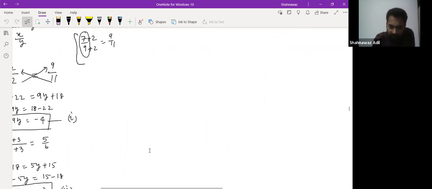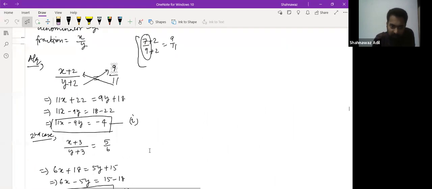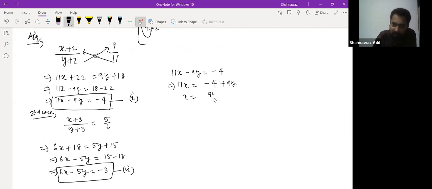Okay, so first equation is 11x minus 9y is minus 4. Let's just calculate x. So this is minus 4 plus 9y, and x will be 9y minus 4 by 11.